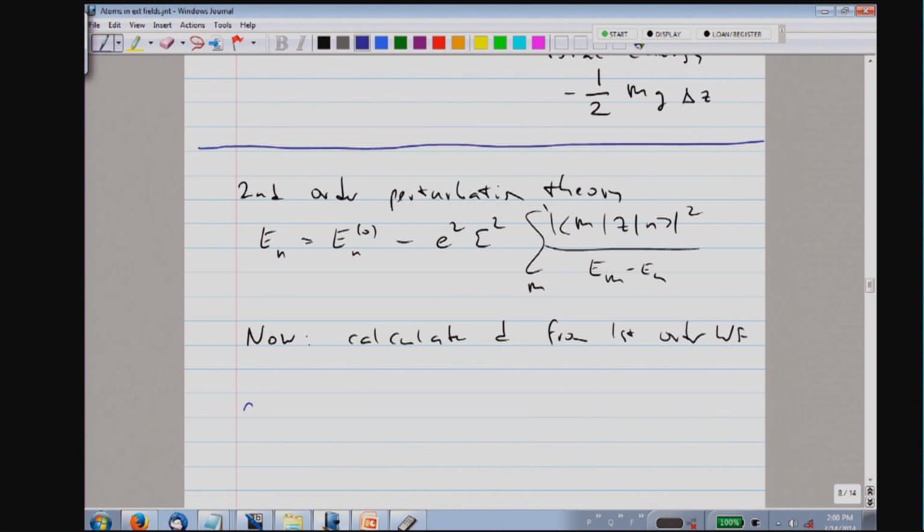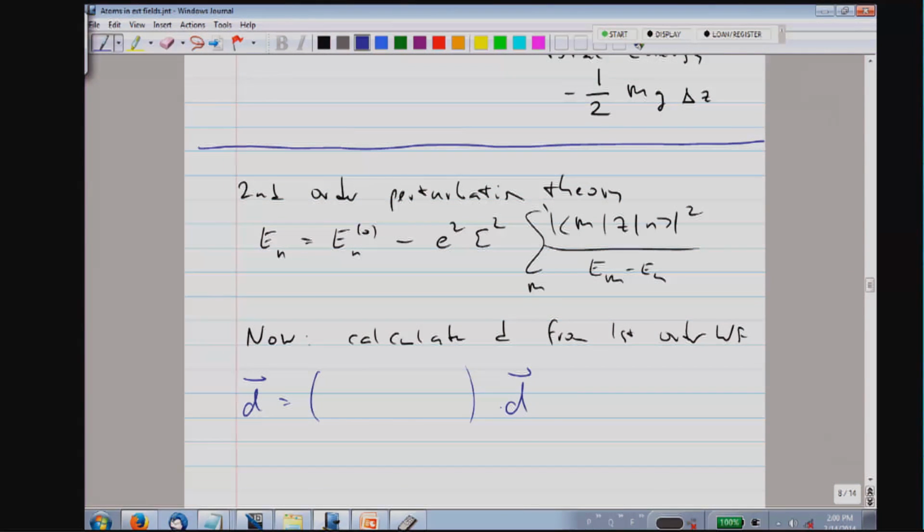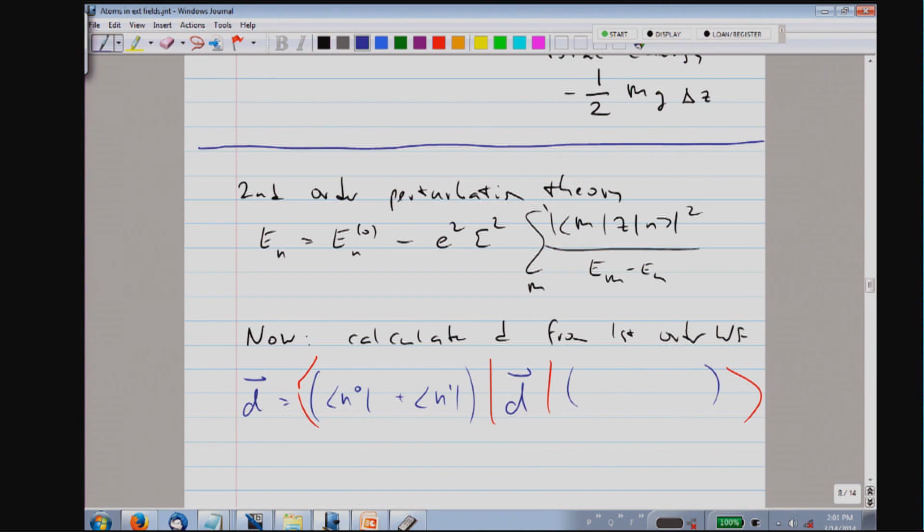leading order. So we take the expectation value of the dipole operator and we use the zeroth order, the unperturbed state, plus the first order correction.